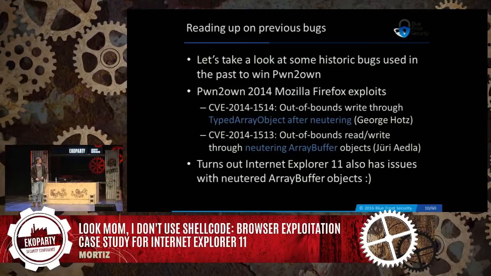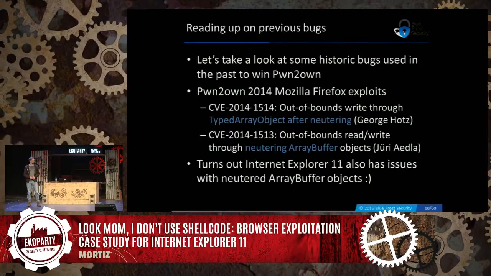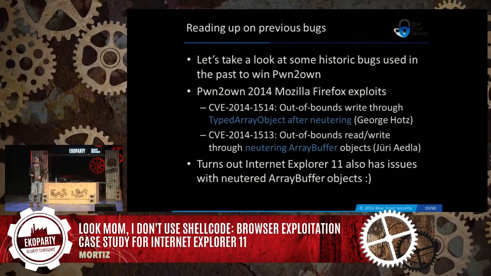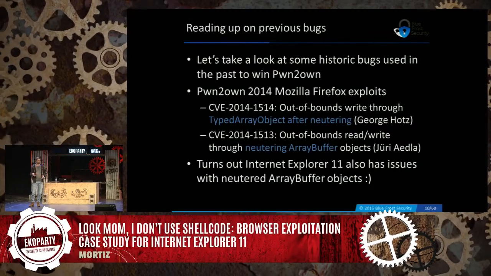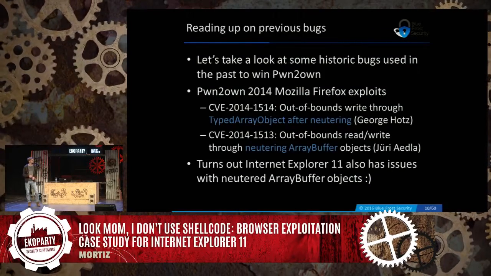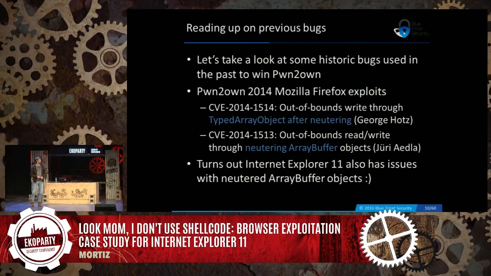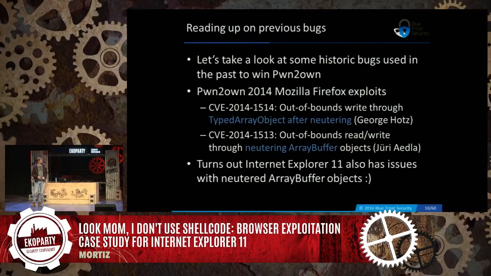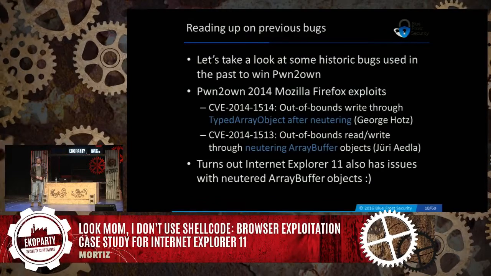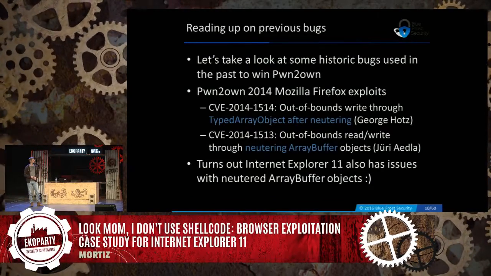If you take a look at Pwn2Own 2014, there were in total two Mozilla Firefox exploits. Interestingly, both of them were in the same area of the same functionality. The first one, exploited by GeoHot, has the vulnerability title "out of bounds write through typed array object after neutering". The second one, exploited by Yuri Edler, says "out of bounds read/write through neutering array buffer objects".